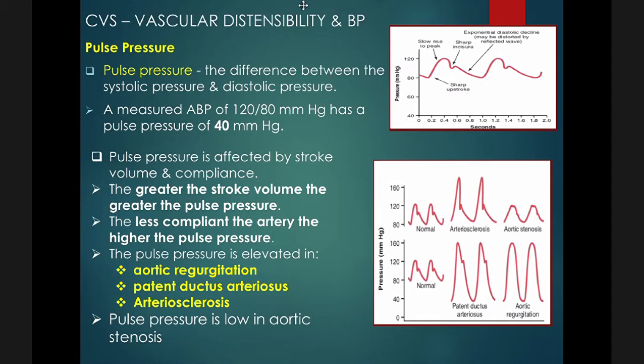So in atherosclerosis, what happens is there is a decrease in compliance of the artery. So the artery does not expand. It does not accommodate the large volume of blood during systole.